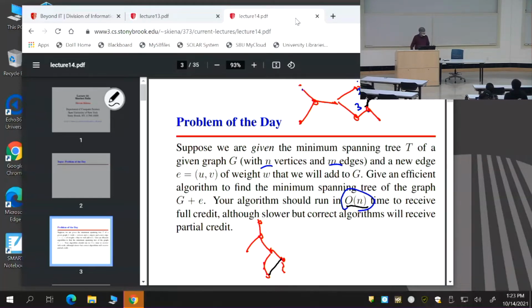Okay? This still seems I didn't make too much progress. What would I do? I would do a depth first traversal of it with the new edge in. Now, what would happen if I did a DFS with the black edge in?